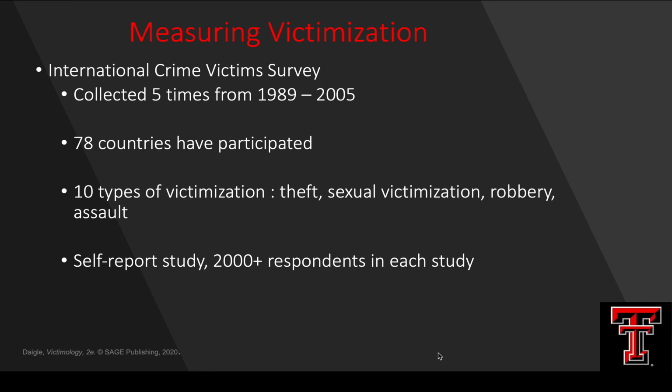It's about 2,000 respondents in each study, so not a huge sample size considering there are 78 different countries. Again, it's probably due to the fact that it's so expensive and so difficult to get respondents in all these different countries.